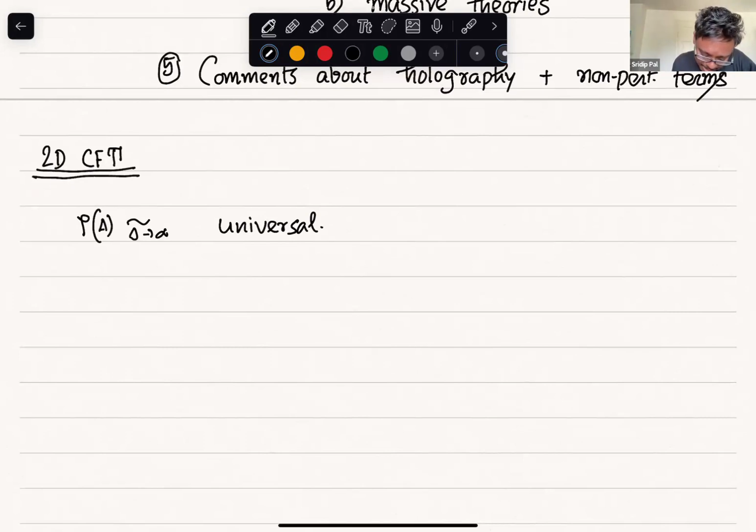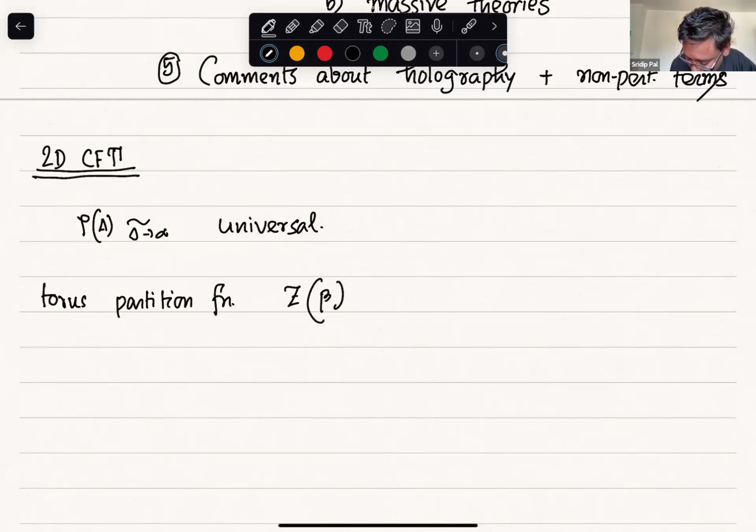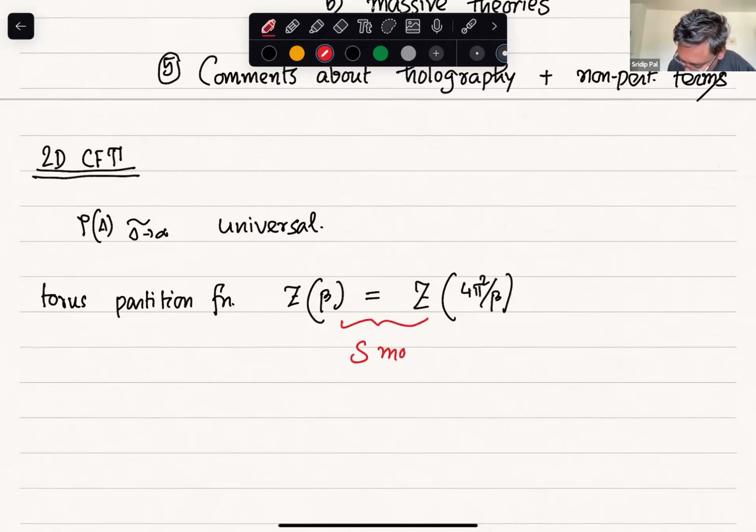So we look at the torus partition function Z of beta. Basically you are putting the CFT at temperature 1 over beta. And modular invariance immediately tells you that Z of beta is the same as Z of 4 pi squared over beta. This comes from the S modular transformation.